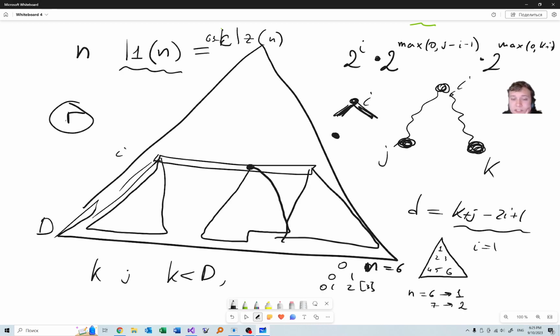How can we calculate it? And for example, 5 also goes to 1, but 4 goes to 0. We can do it as follows.